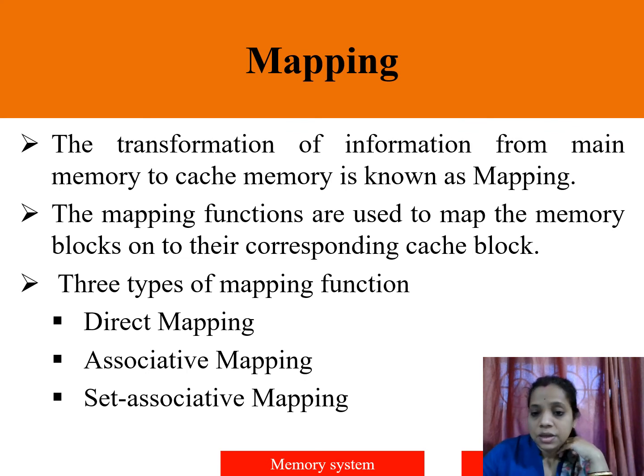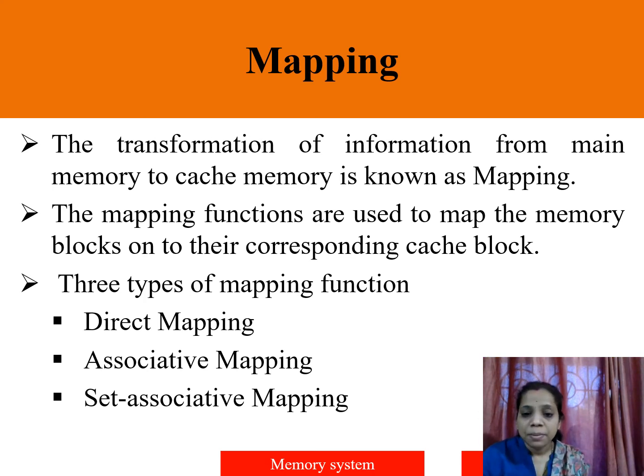So obviously there is a transformation of information, some kind of transformation happening between the main memory and the cache memory. By definition, mapping is defined as the transformation of information from main memory to cache memory.